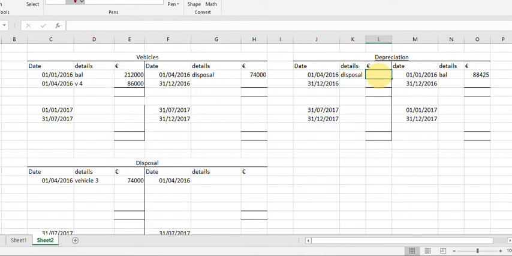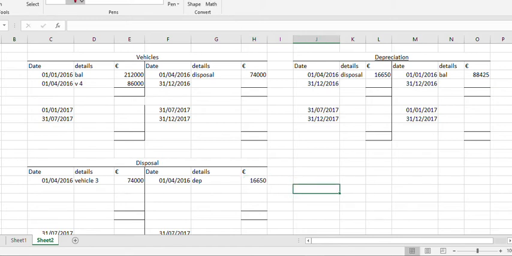So it's going to be the debit side of depreciation, 16,650. So I've debited depreciation. I'm going to credit the disposal account, and we'll call it depreciation, 16,650.